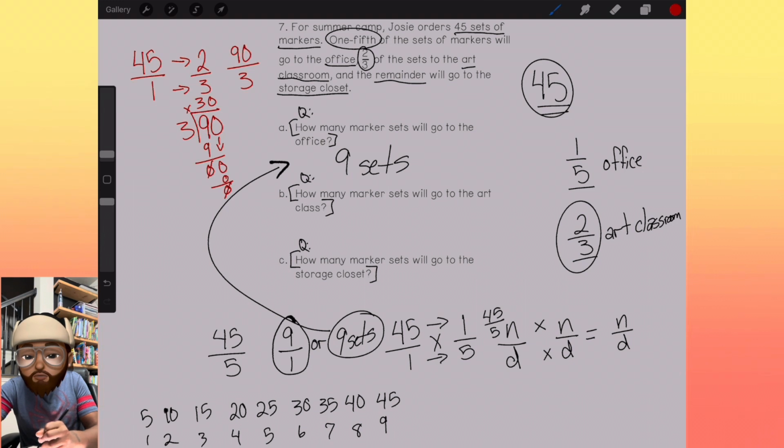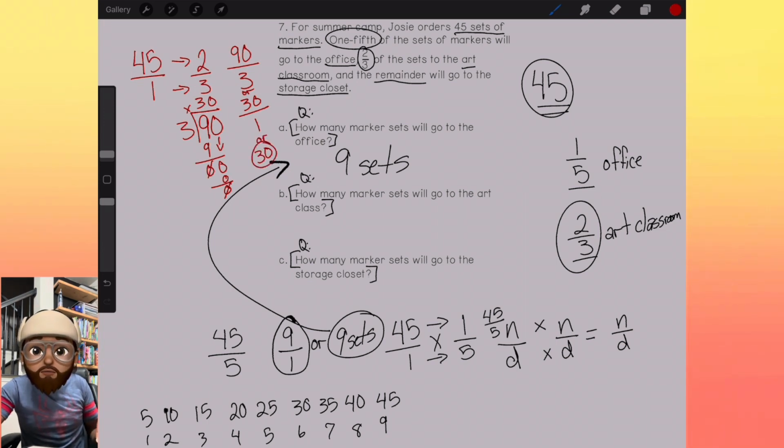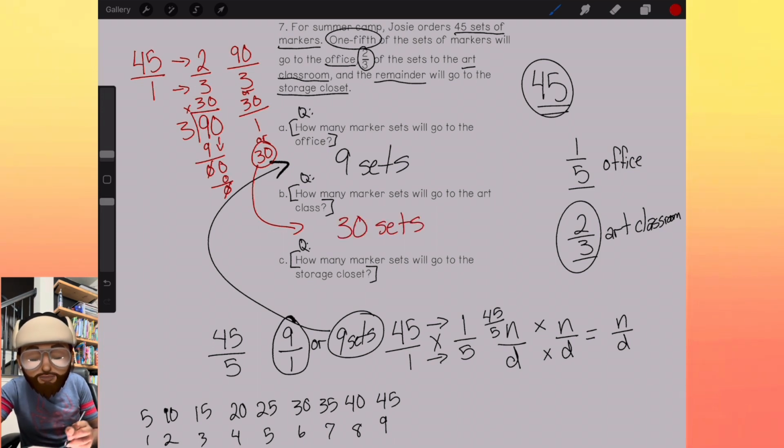Perfect. So what we have here is 90 over 3 or 30 over 1, or just 30. So we could represent this 30 right down here with how many marker sets will go to the art class. It will be 30 sets.